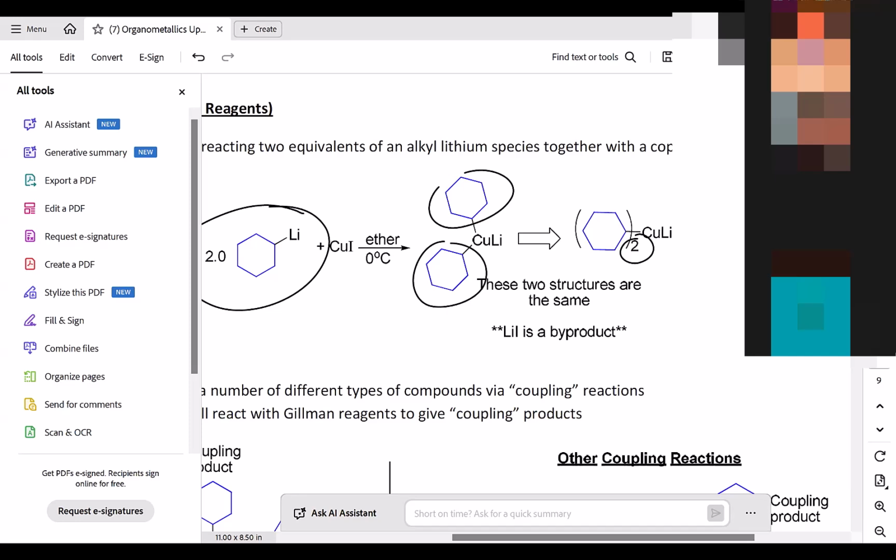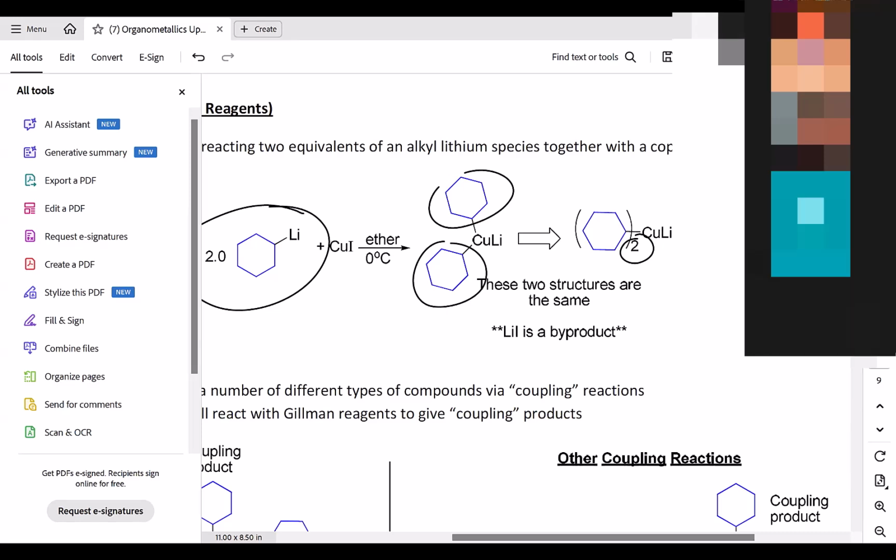So you can draw it and show the groups, or you can draw it and put it in parentheses with a subscript. But when that cuprate does a coupling, only one of those groups is going to transfer in coupling. The other one is going to stay on copper. So that's what we're talking about when you hear me say that.